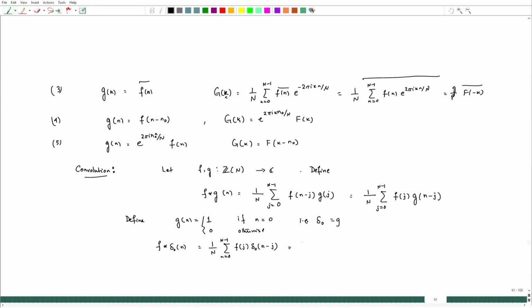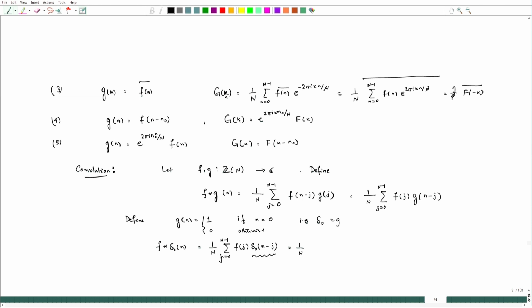So, now let us look at this. The sum here is going to survive only when n is equal to j, I mean rather j is equal to n, because n is fixed. Here we have j equal to 0 to N minus 1.